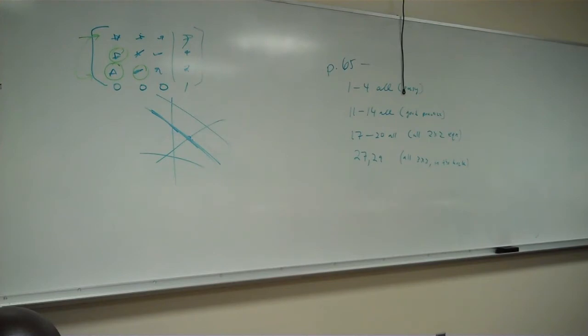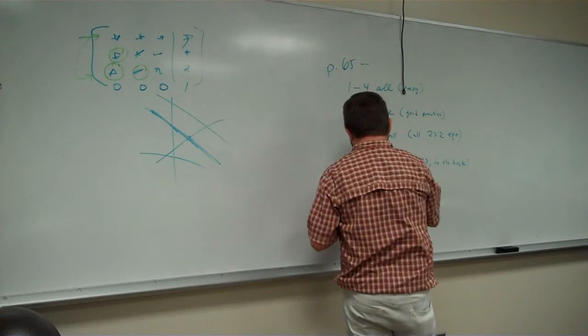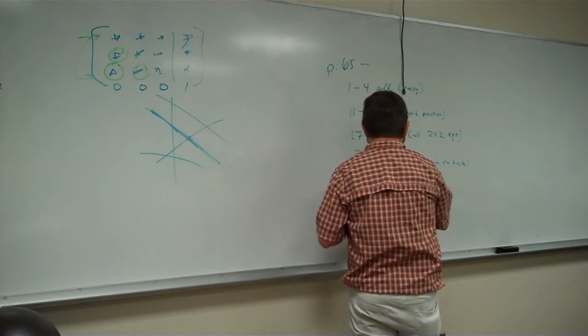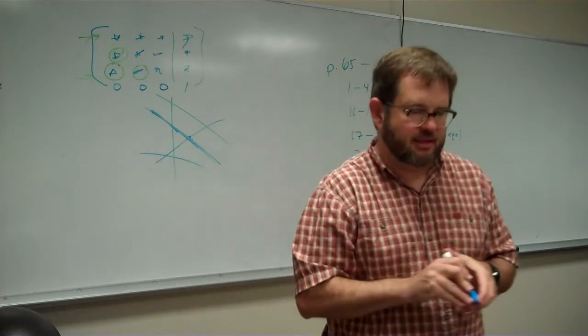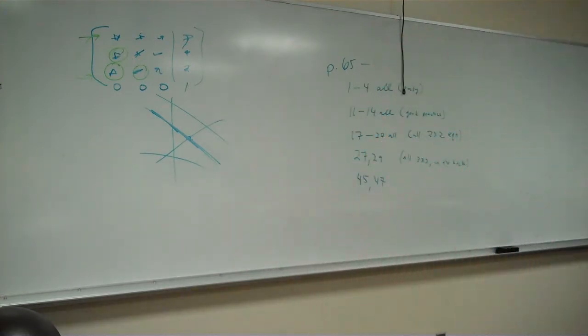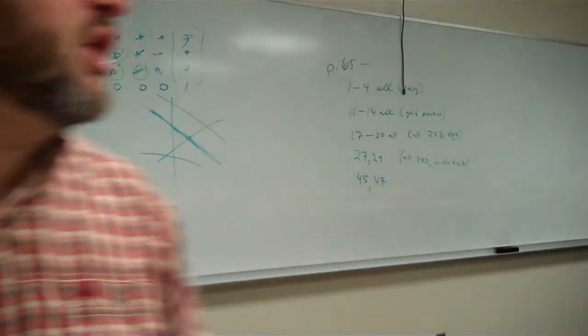Do you like problems that involve industry? Money? I like industry better. Industry? 45 and 47. 45 is a money problem, 47 is an industry problem. That sounds like a solution to me. All right, go ahead and get started working on those.